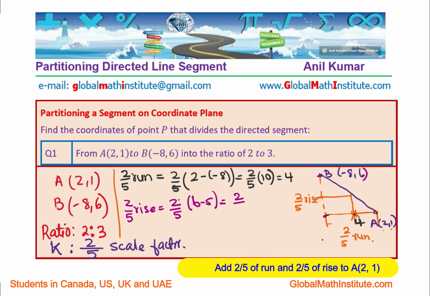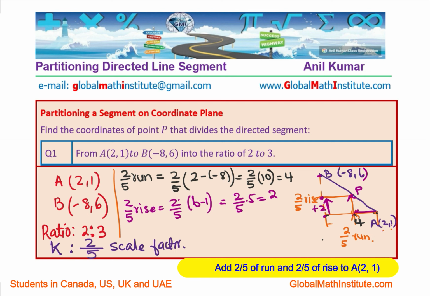So 2/5 of 5, which is 2 divisions. So this point here is plus 2 from here, and that point is 4. So this point P is 4 to the left of A and 2 up.